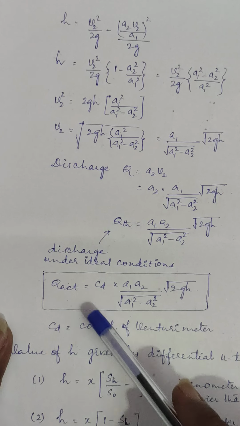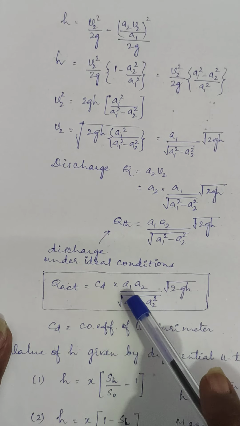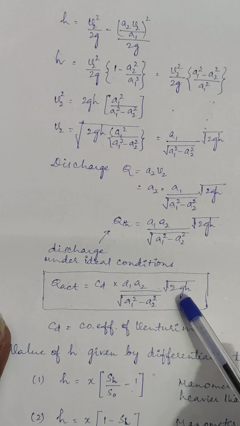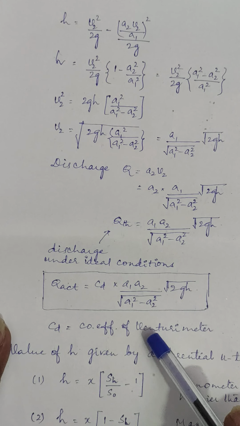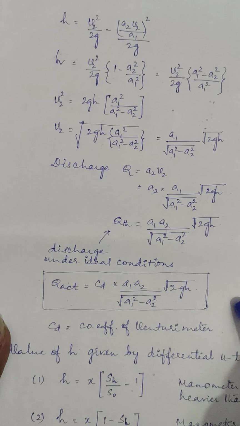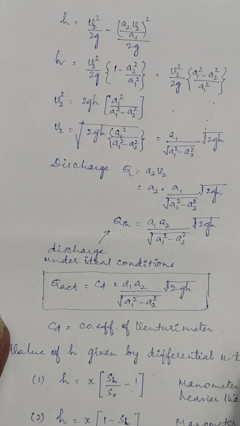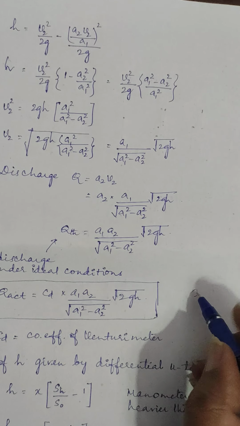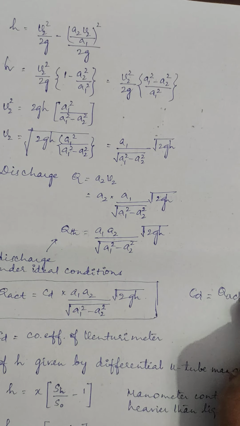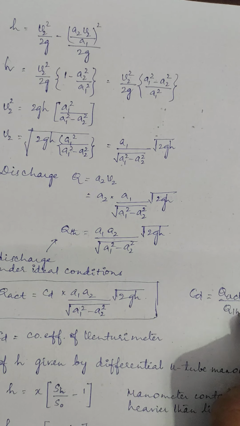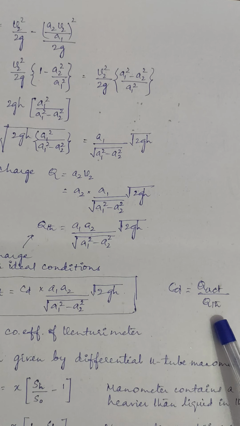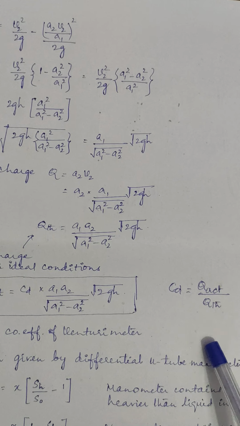But we have the actual discharge as CD into A1 A2 by square root of A1 square minus A2 square into square root of 2GH, where CD is the coefficient of the Venturi meter. The coefficient of discharge is given by the ratio CD is equal to Q actual by Q theoretical. If our actual discharge is the same as our theoretical discharge, this coefficient of discharge becomes 1.